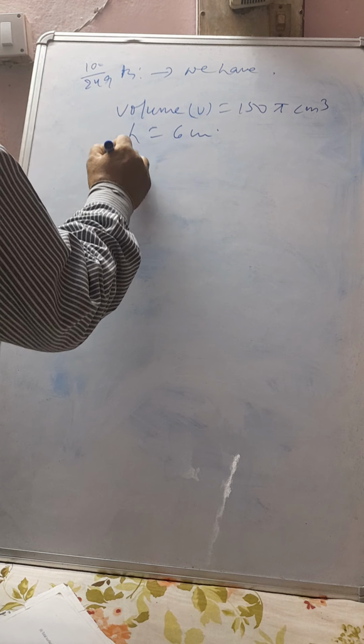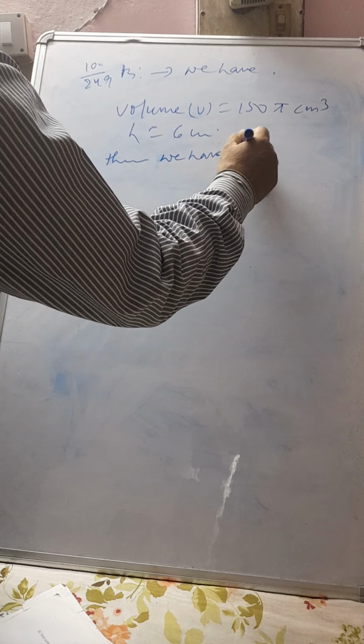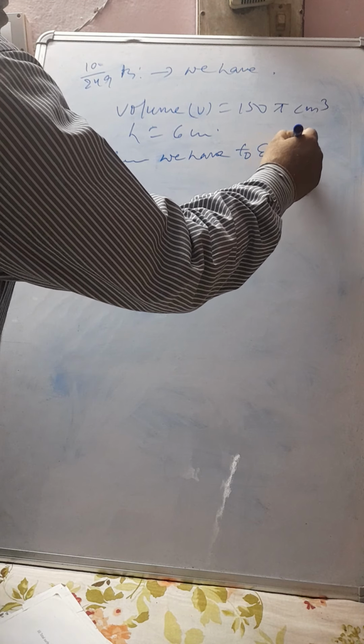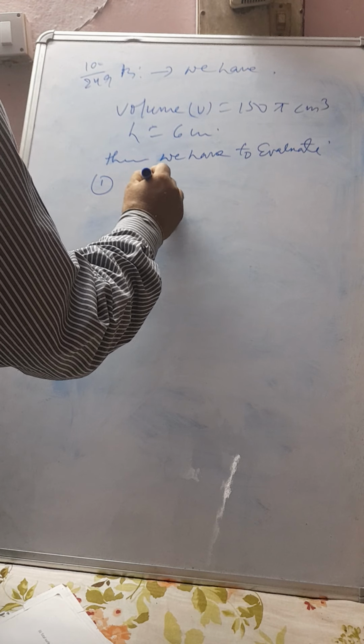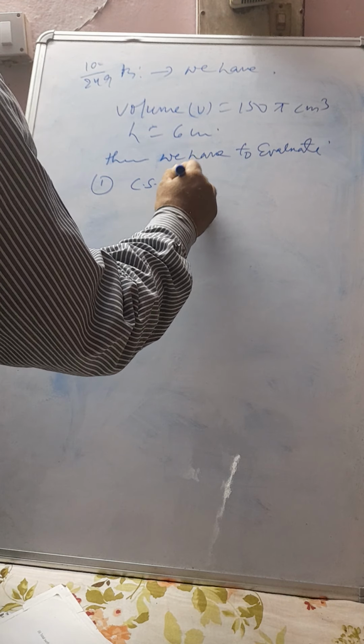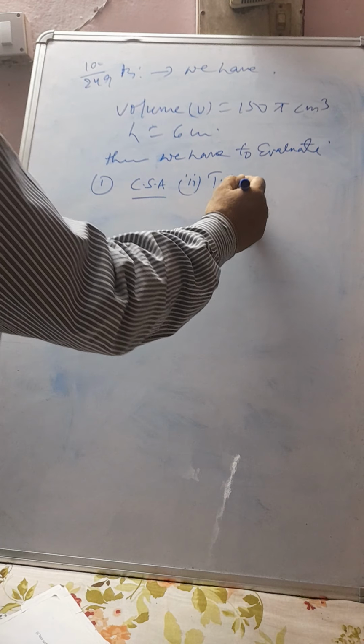Then we have to evaluate: first one is curved surface area CSA, second one is total surface area TSA. How we become able to evaluate its curved surface area and total surface area, इसको हम लोग देखेंगे.